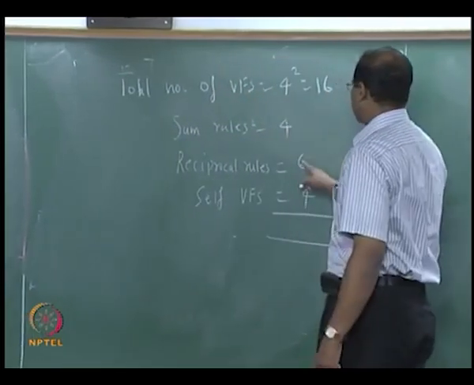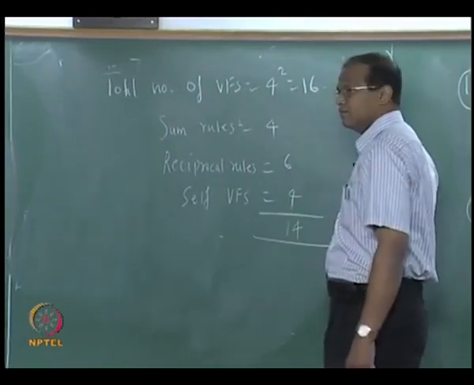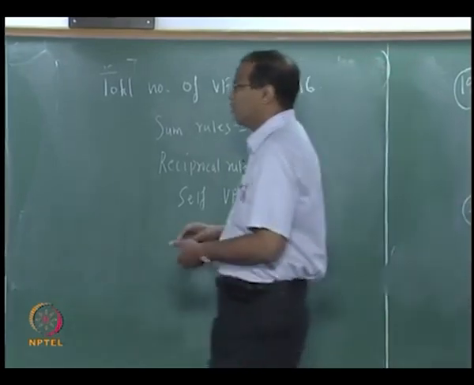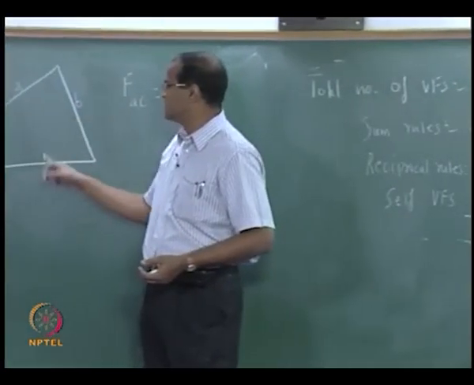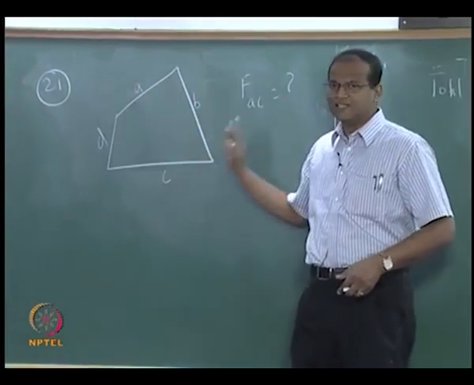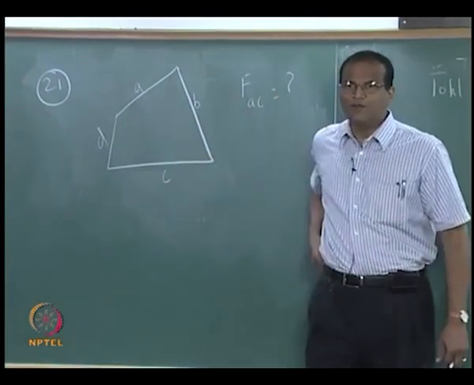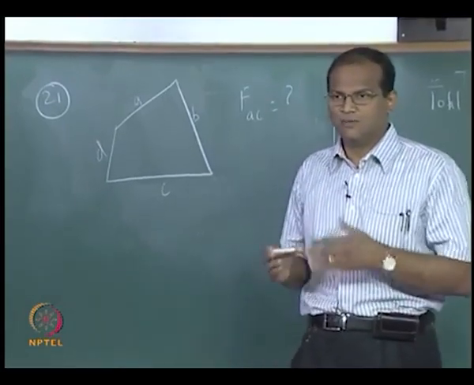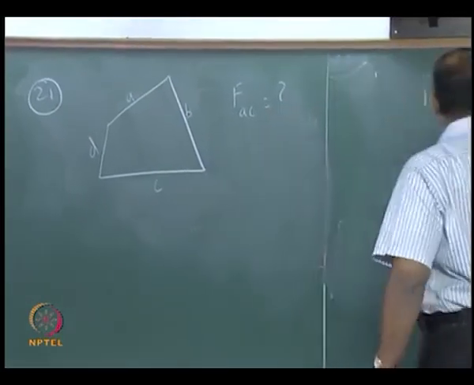So total is 4 plus 6 plus 4, 14. So the number of view factors to be independently determined is 2. But what are these 2? It's FA to C and FB to D. If you get FA to C, that same formula can be used. So if you want to crack this problem, you have to somehow get the FA to C, okay.